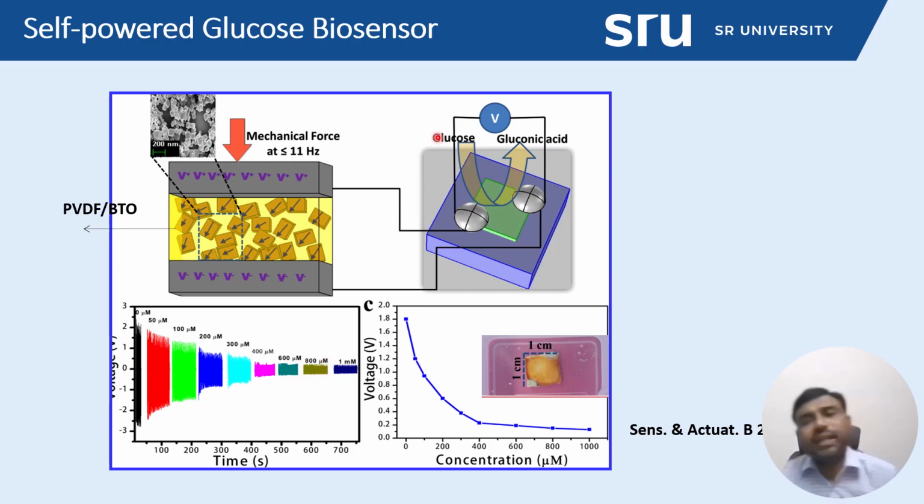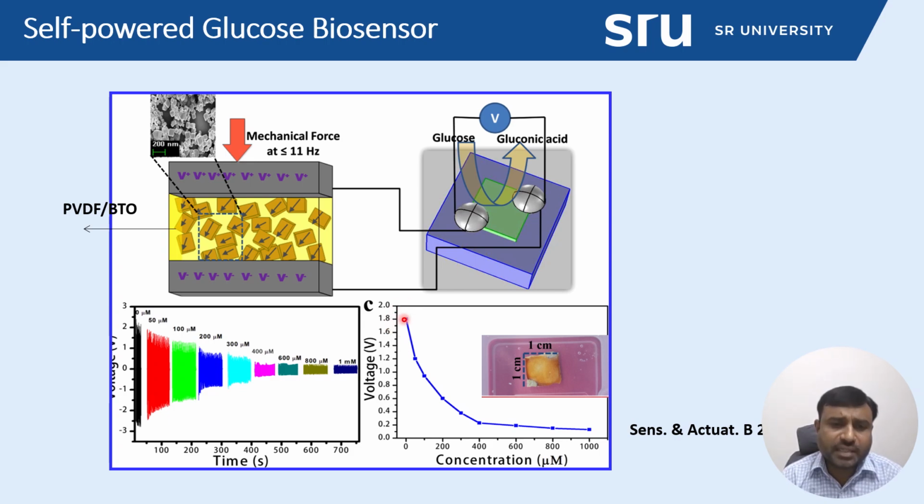So it indicates that the fabricated nano generator device can be effectively utilized for glucose detection. This output voltage directly correlates to the concentration of glucose. See here, when the concentration is zero, it provides 1.8 volt.